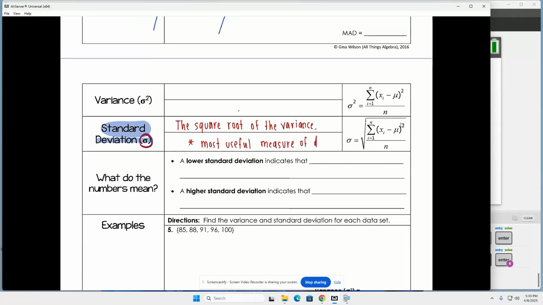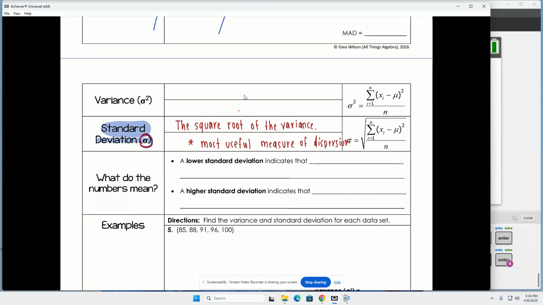Okay? Now, why did I skip variance? Because our calculator actually, in that one var stats, it gives me my standard deviation. So if standard deviation is the square root of the variance, all I have to do to then find the variance is simply square that standard deviation. So we can do that with our calculator, even though it's not going to be in the one var stats when we run it.